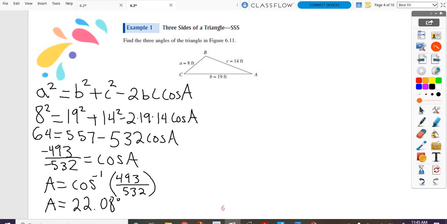Agreed? But what could we use again instead and not have to use any of our rounded values? The law of cosines again, except this time we're going to use the one that has b squared by itself. And it's good practice for us to use our law of cosines anyway. So again, I'm just plugging in.